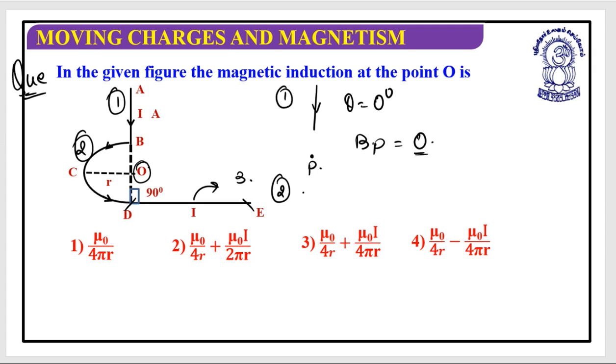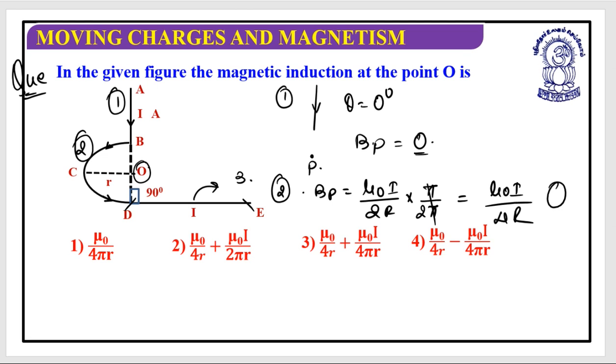It's a semicircular arc, so the magnetic field would be mu naught I by 2r into theta, which is pi by 2 pi. This equals mu naught I by 4r. In which direction is it? As current is flowing in the anticlockwise direction, the magnetic field is perpendicular to and outside the plane. It's mu naught I by 4r outside the plane.